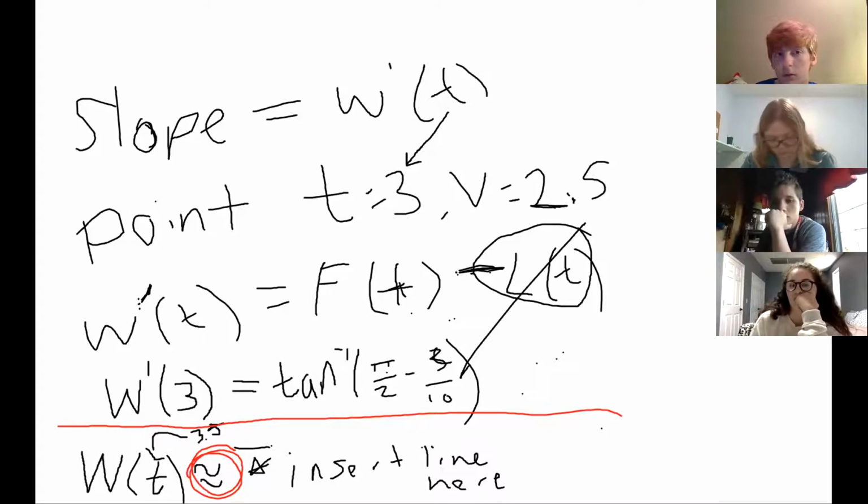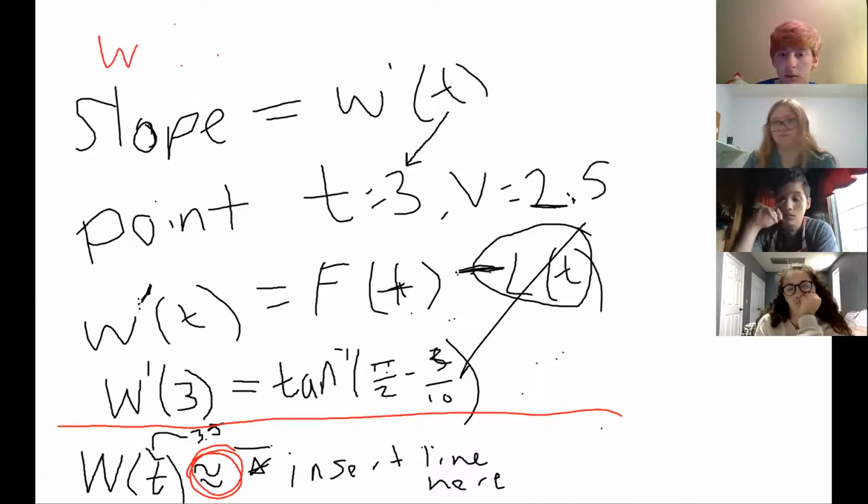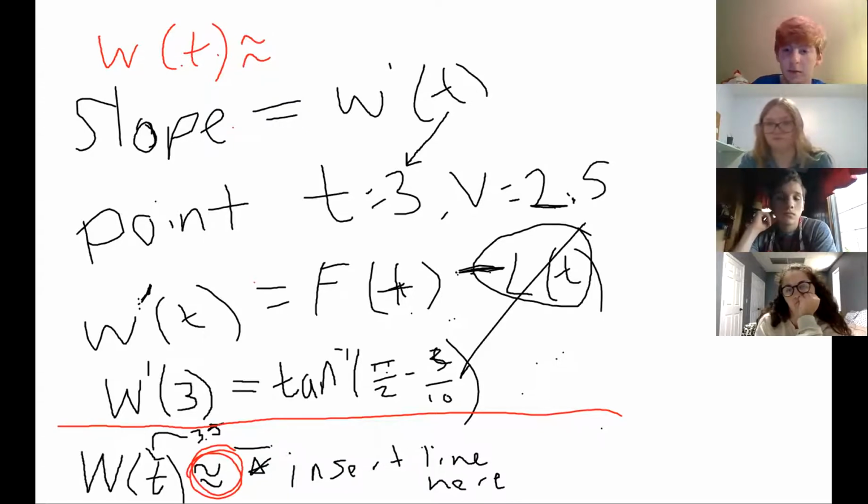So a tangent line, because I'm using W and T this time, it would be W of T is approximately equal... Why is that not going away? Sorry. I'm just having red dots appear. Stuff isn't disappearing on my screen for me to actually use it well.